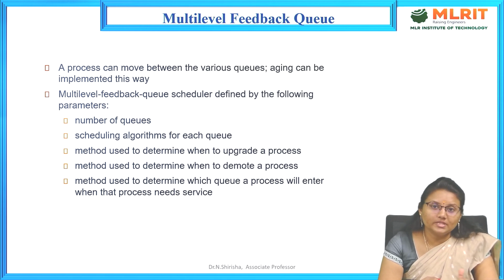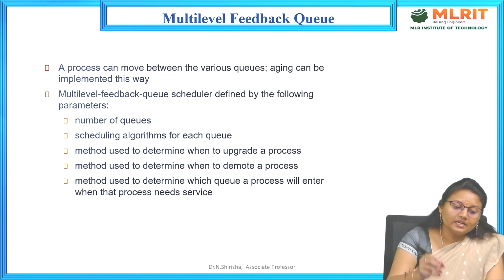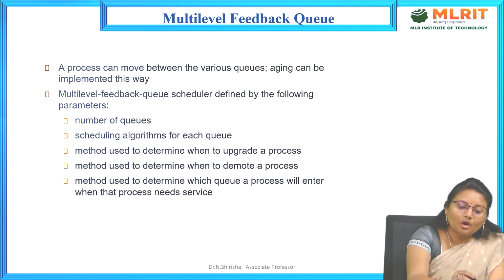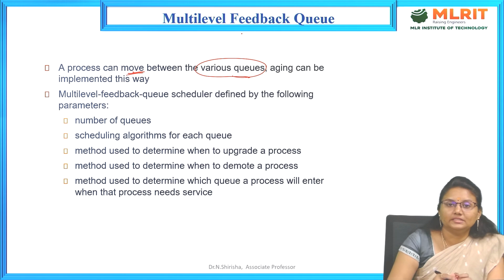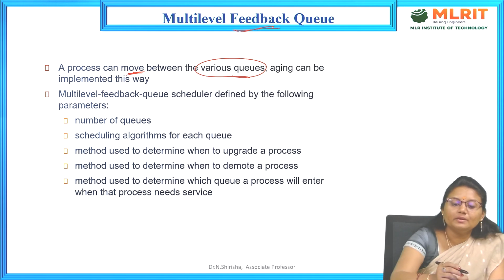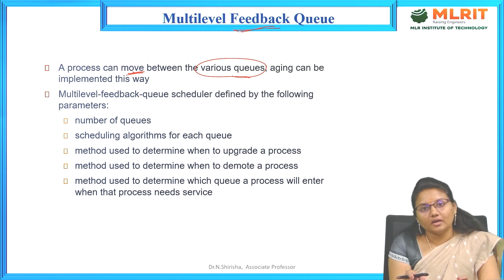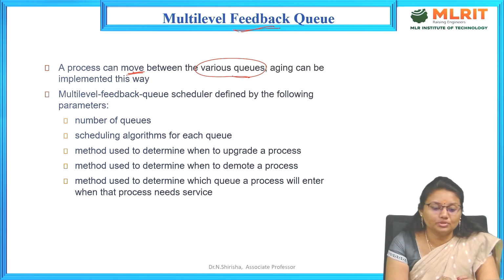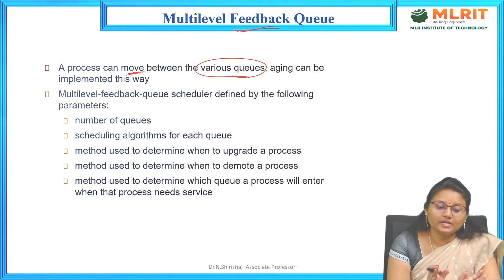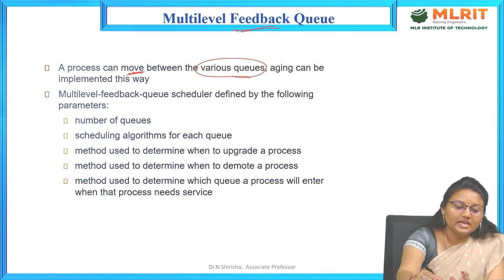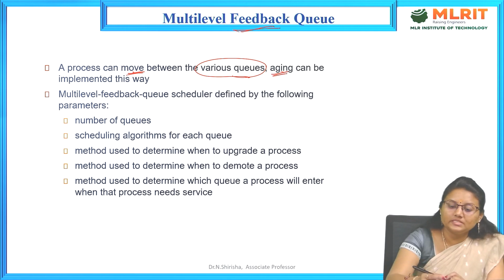So that's why it is named multi-level queue. To overcome that problem, a process can move between the various queues, so we call this multi-level feedback queuing. The process moves, its priority is made high, and it gets into execution. So a process can move between the various queues, and aging can be implemented this way. What is aging?